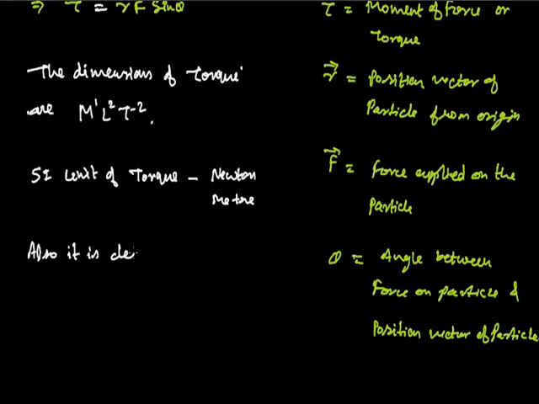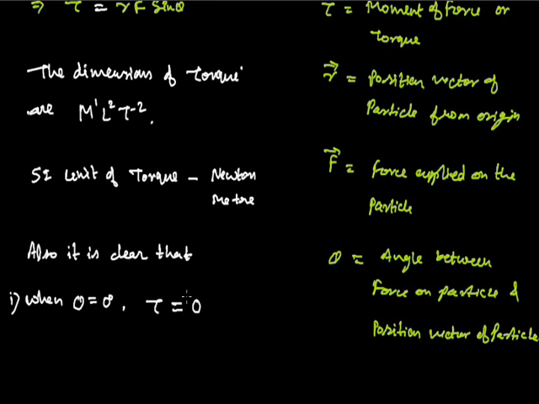Also, it is clear that when theta equals 0 degrees, torque equals 0. It means when the force on that particle is applied in the direction of its position vector or in just the opposite direction, it does not produce any rotation for that particle.